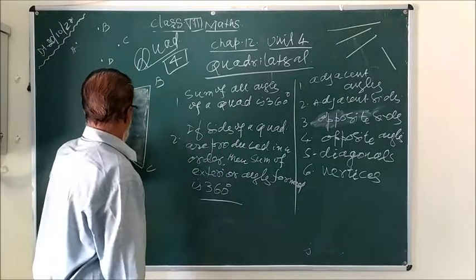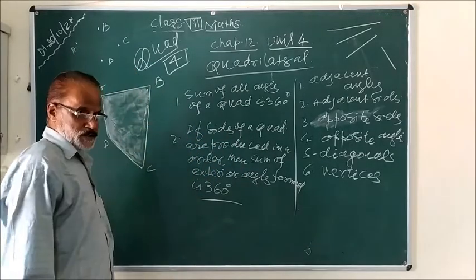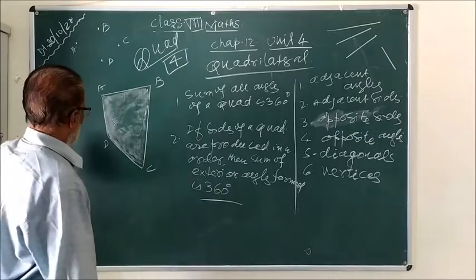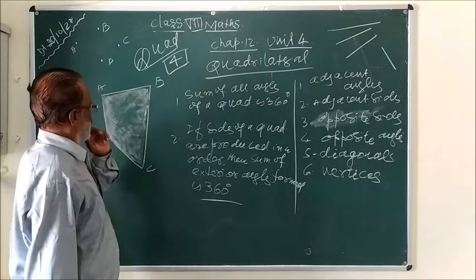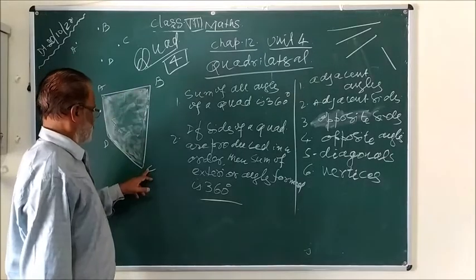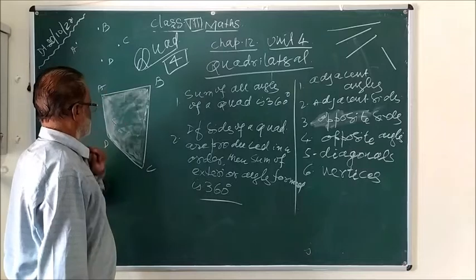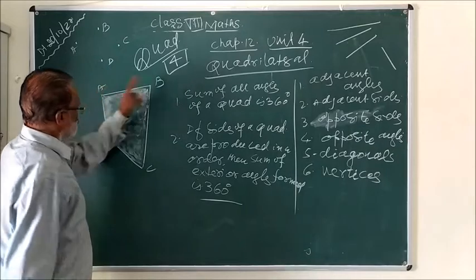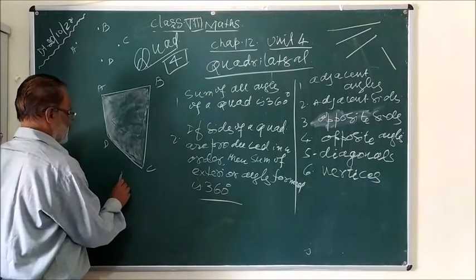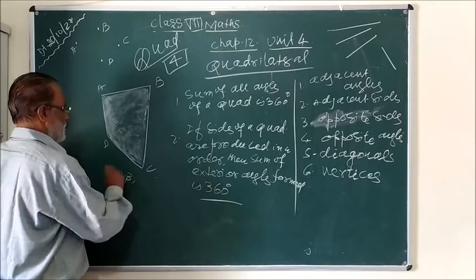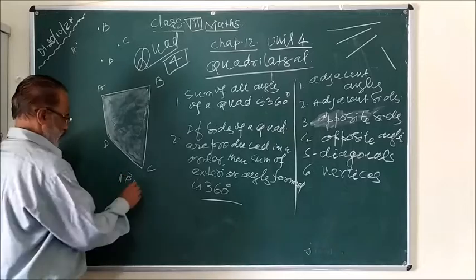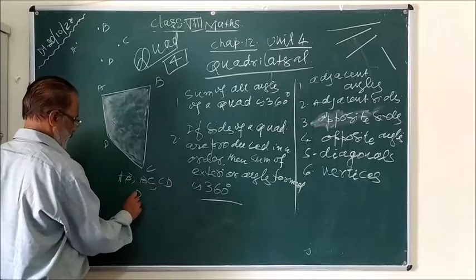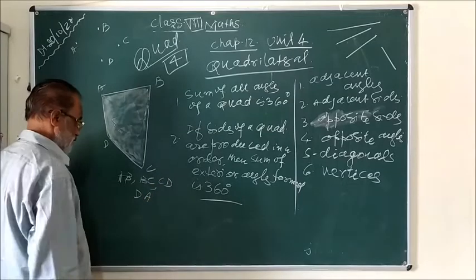So I suppose you must have understood the meaning of quadrilateral. Now you see, in a quadrilateral there are 4 sides, 4 angles, and 4 vertices. Suppose this is the quadrilateral, so how many sides? AB or BA, both are same. AB, BC, CD, DA. These are four sides.